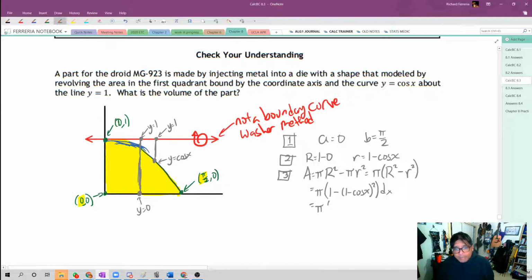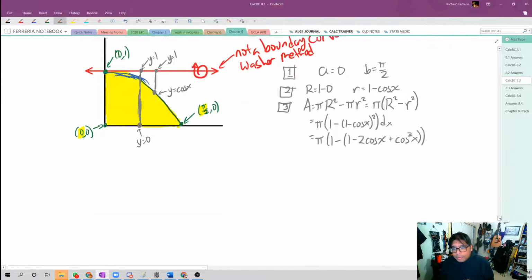That's pi times (1 minus the quantity of 1 minus 2 cosine x plus cosine squared x). Again, I'm trying to get all of this simplification done before I get to the integral.